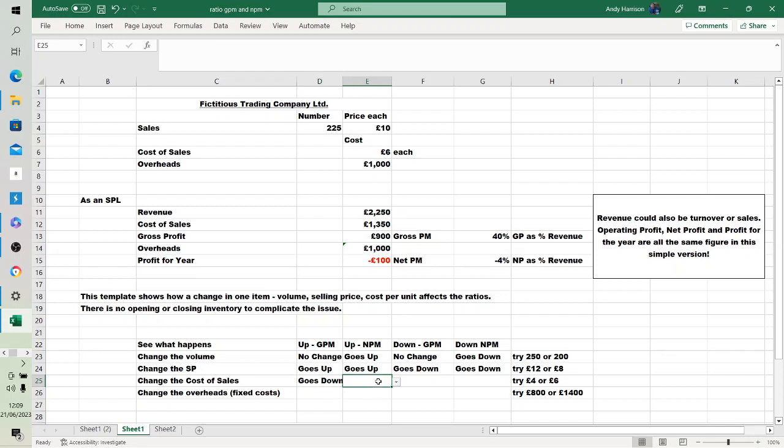And then, purely following it, so does the net profit margin. If we suddenly manage to get them cheaper, the opposite. Gross profit margin goes up, net profit margin follows. Going up.